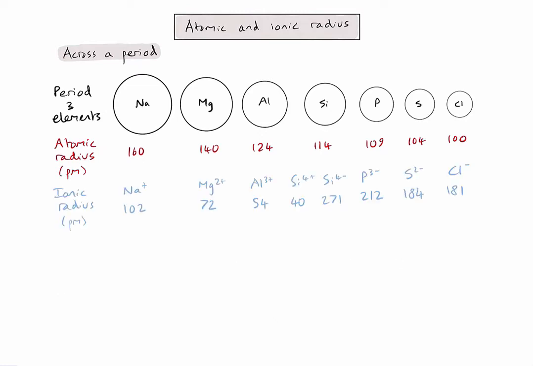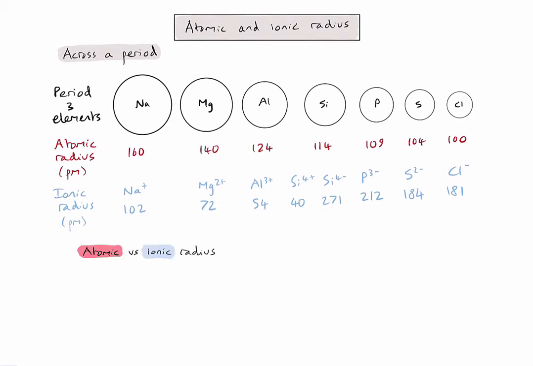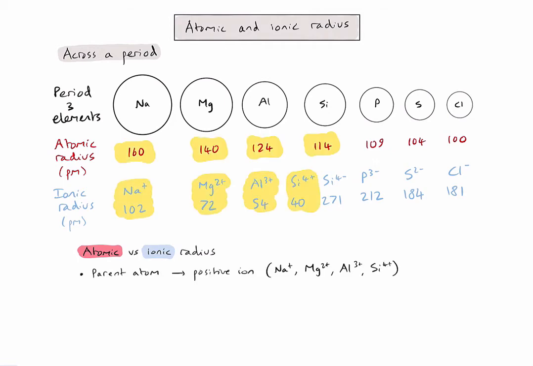In this case, there's no clear trend going from left to right, so we need to consider the positive ions and negative ions separately. Let's first consider how the radius of the positive ions compares to their parent atoms. You can see here that in each case the radius of the ion is smaller than the radius of the parent atom.